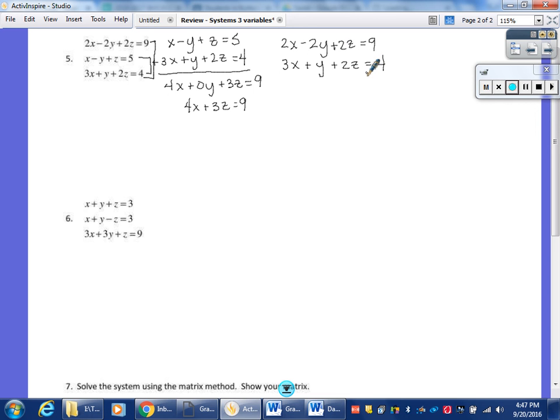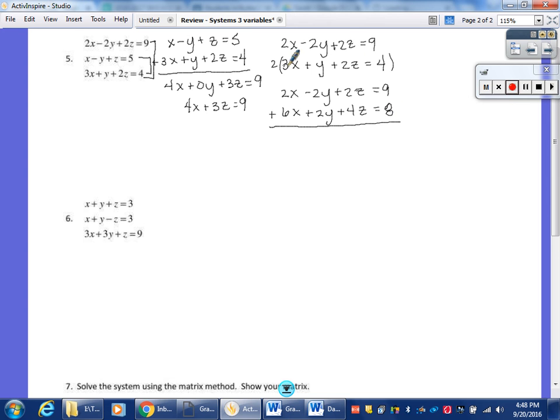In order for me to cancel out one of these variables, and I want to cancel out the y, I need to multiply this equation by 2. So I get 2x minus 2y plus 2z is equal to 9, and 6x plus 2y plus 4z is equal to 8. I almost wrote a 4.